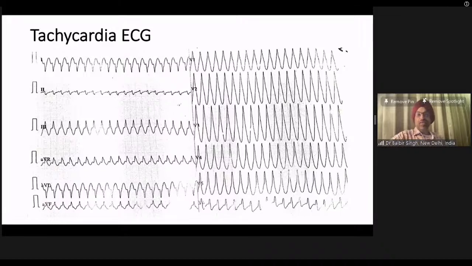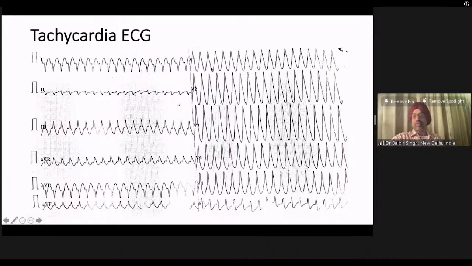However, if you look at lead 2, at the end of the QRS, there is something to suggest that it could be a retrograde P wave, but a retrograde P wave can also happen in a VT. So to say this is VT is not incorrect. The only close differential diagnosis is a pre-excited tachycardia.